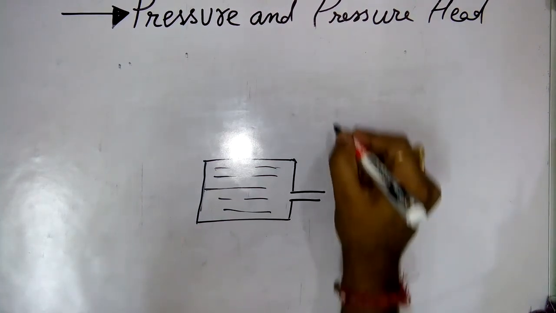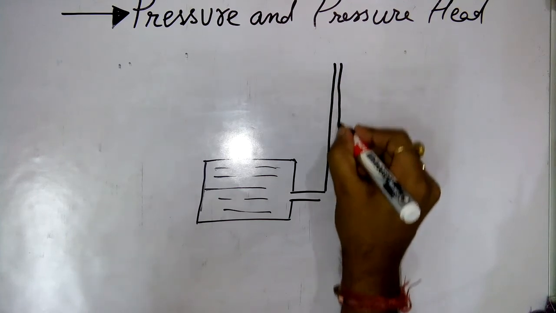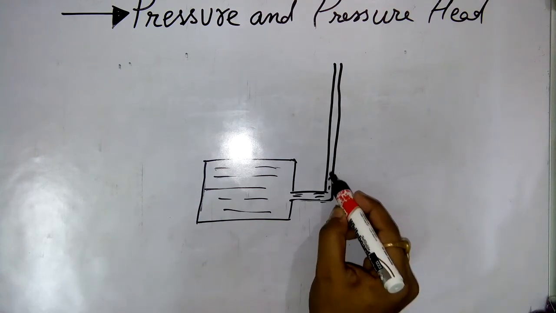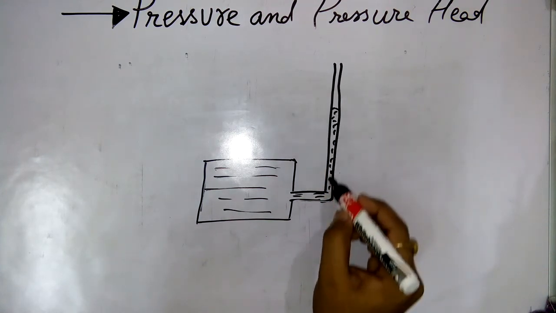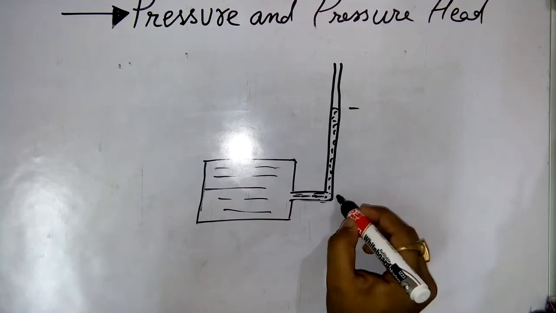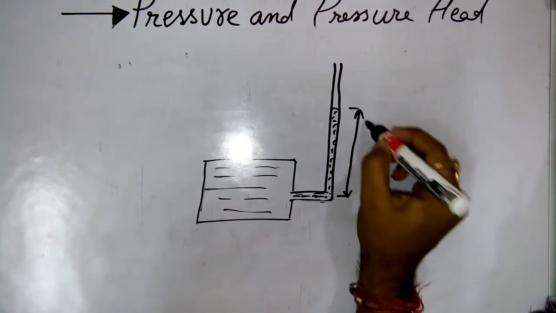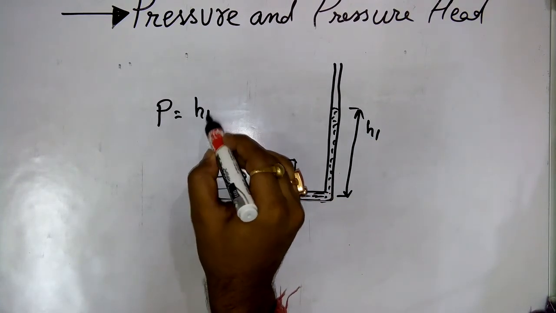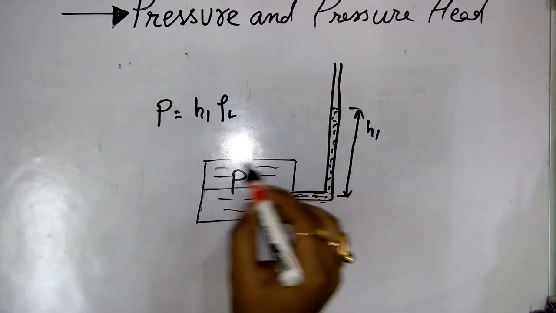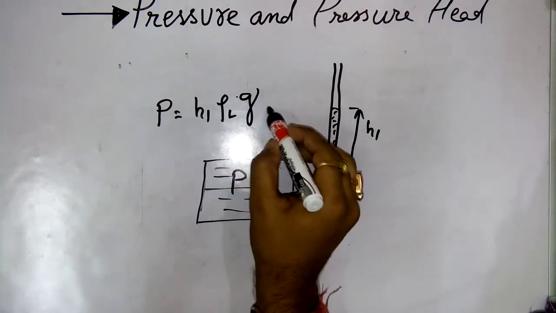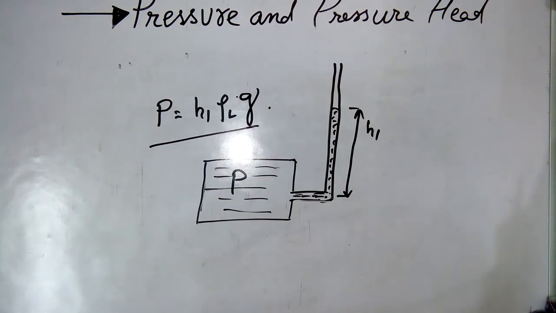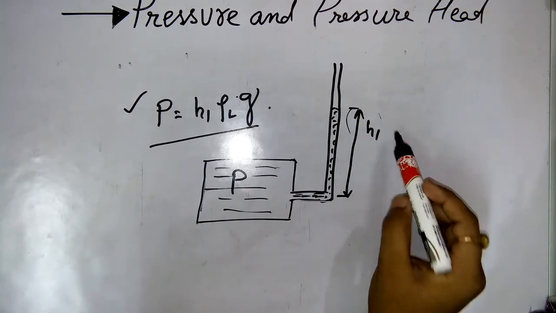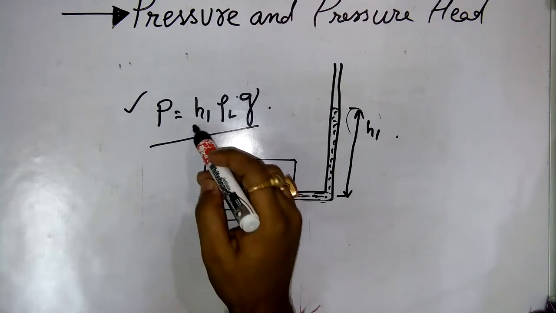I will insert a piezometric tube and I will see how much is the rise of the liquid column. Suppose the liquid has risen by this much height, H1. Then what is the pressure of the system? It is H1 multiplied by the density of the liquid present here multiplied by g. That is h rho g. We know this: P is equal to h rho g. If I know this height, I will just measure it by seeing it.